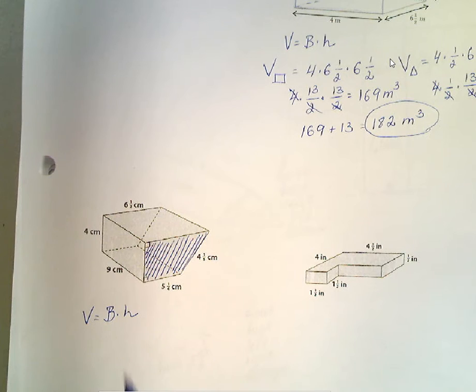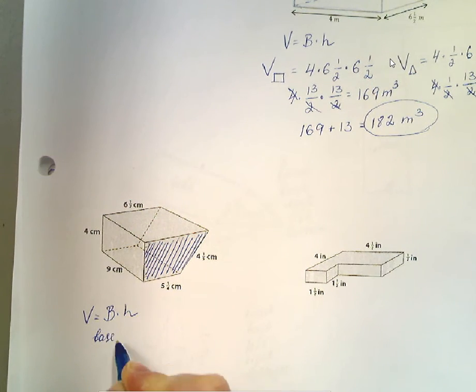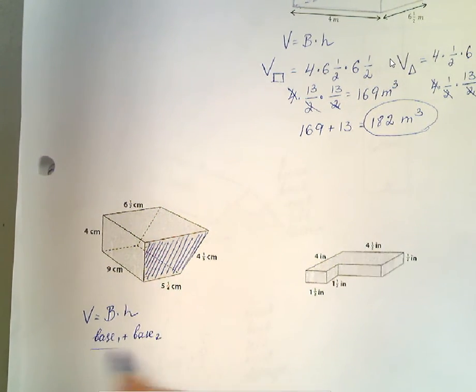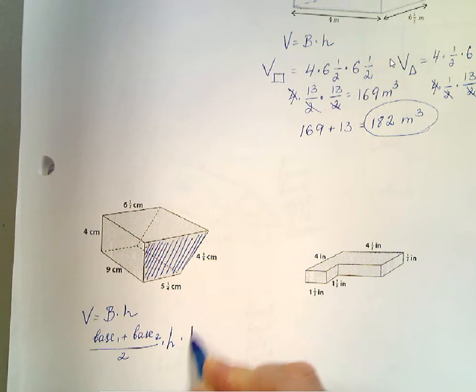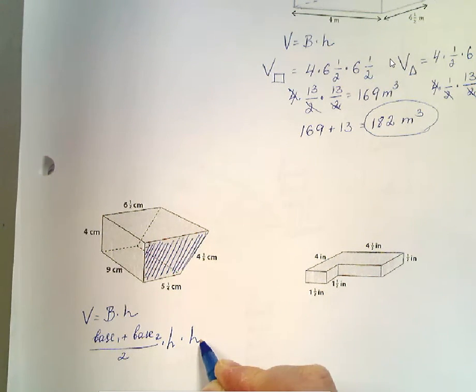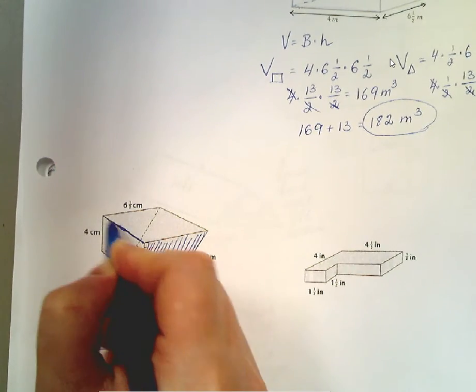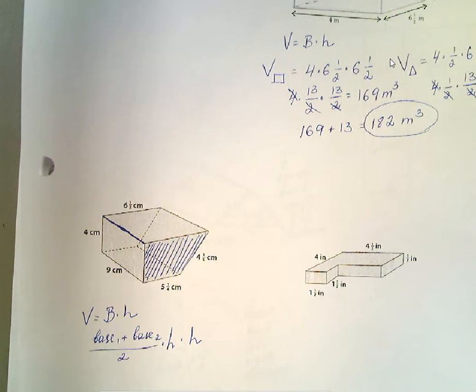Area of the base, as I explained earlier in the lessons, can be found by averaging base 1 and base 2 and multiplied by the height of that trapezoid, and then we will multiply it by the height of the prism, which is going to be this one right here. Or it can be this one, or it can be this one, or it can be this one. They are the same.